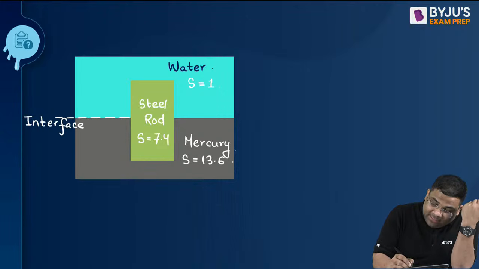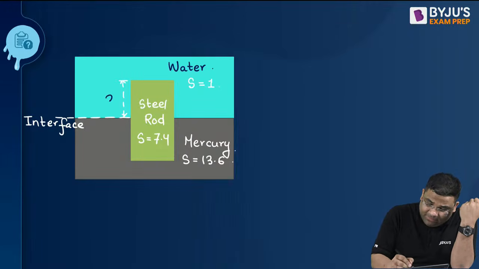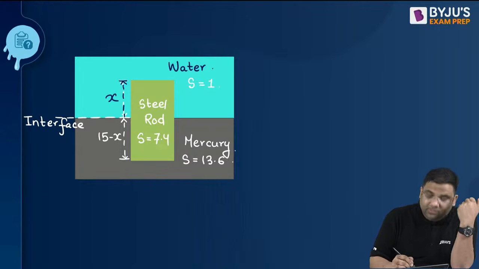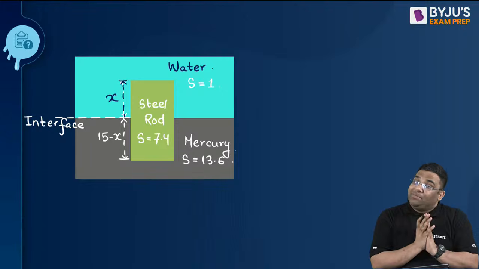They're asking you this height from the interface. Suppose this is x, then this will be 15 minus x, because the total length is 15 centimeter.